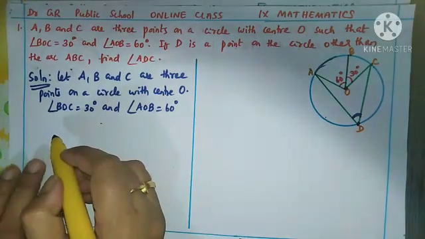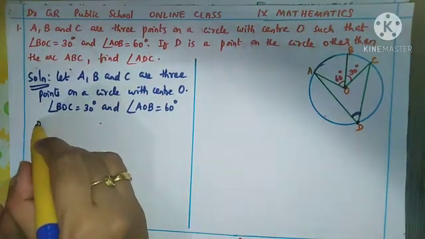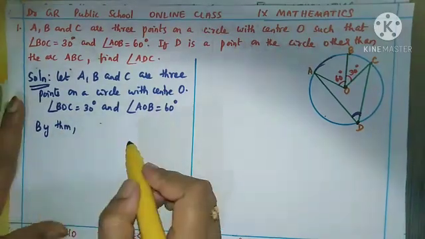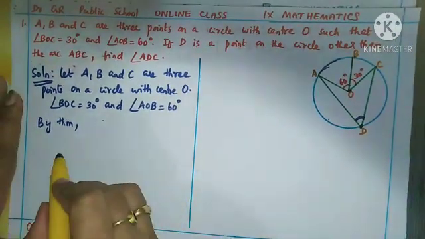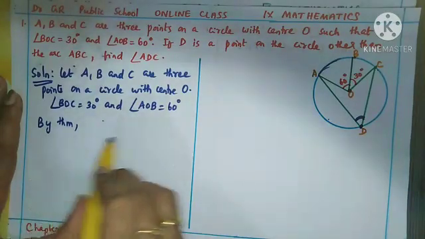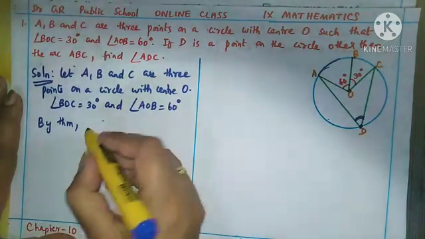Okay. So, by theorem. What is the theorem? You need to write the statement of the theorem. Whenever you write the reason, you want to write the reason completely. So, by theorem what we have?